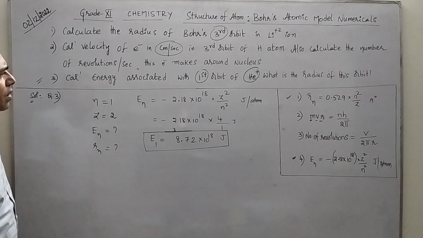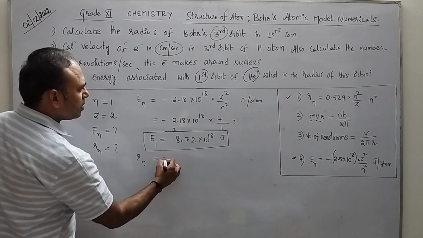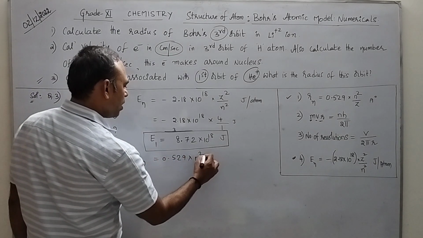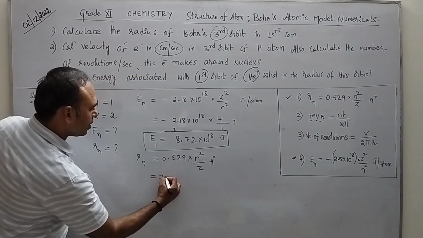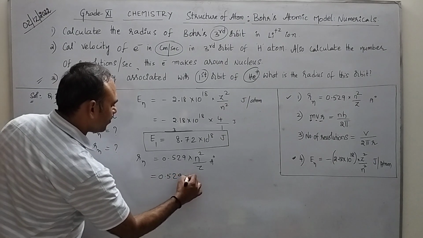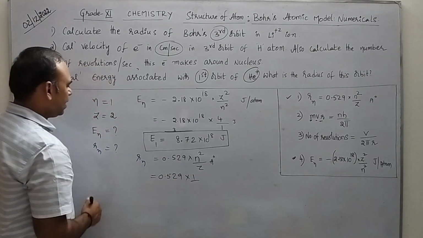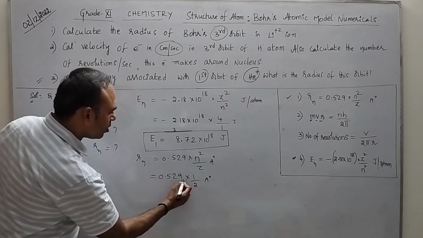Now second one, they are asking the radius. The formula is rn is 0.529 into n square by Z angstrom unit. Let me substitute this: 0.529 into n, 1 square is 1, by atomic number 2. Divided by 2, what you get?